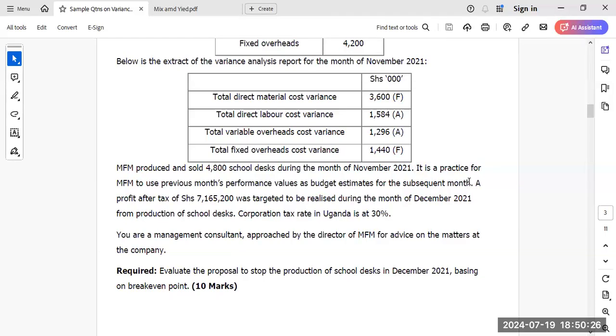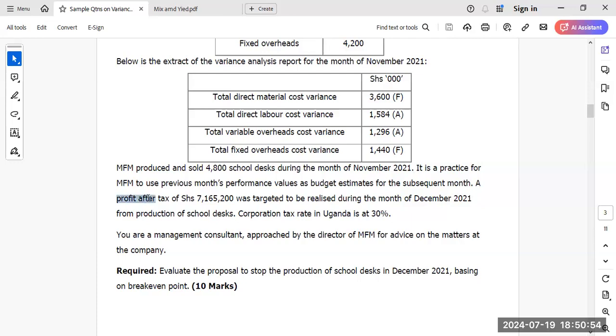So it means that we are going to use our information for November 2021 to determine information for December 2021. They are telling us that a profit after tax of this amount of shillings was targeted to be realized during the month of December 2021.